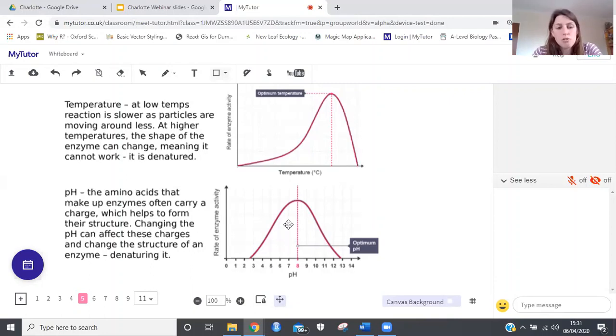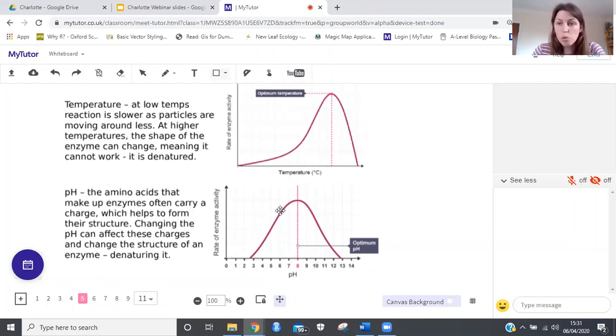So you can see on the graph here, on the y-axis, we've got rate of enzyme activity. And on the x-axis, we've got pH. And this particular enzyme shown in this graph doesn't work very well at all at 2.5, so that's quite acidic. And then as the pH increases here, its rate becomes better and better.